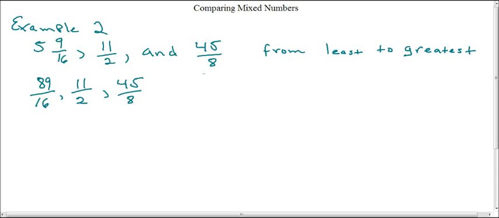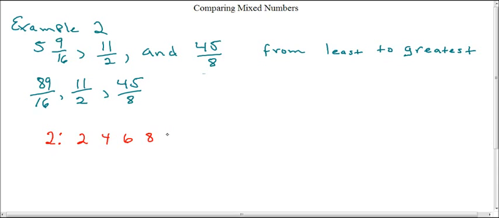16, 8, and 2. So let's start with 2 and find our multiples. So 2 times 1 is 2. 2 times 2 is 4. 2 times 3 is 6. 2 times 4 is 8.